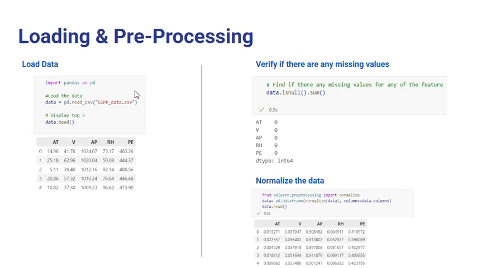I've verified that there are no missing values, so data is complete and clean, and we don't have anything missing, and all the values are numeric decimal values. As you can see here on the left, the data is not in the normalized form. So as part of this loading and pre-processing process, I have normalized the data so that our model will perform well.